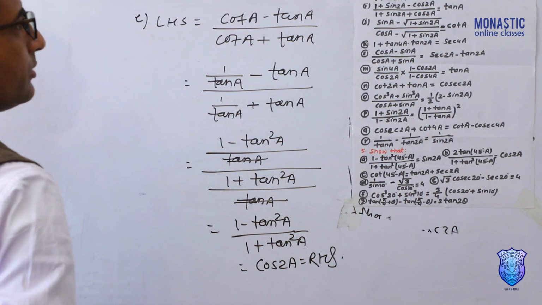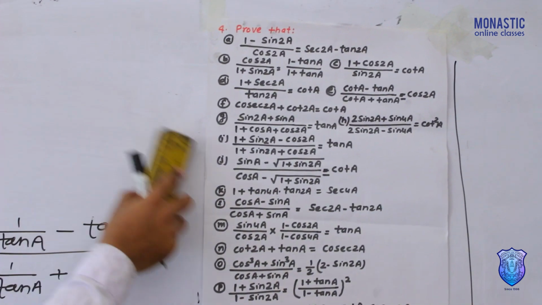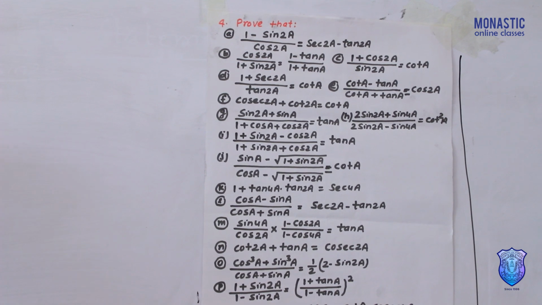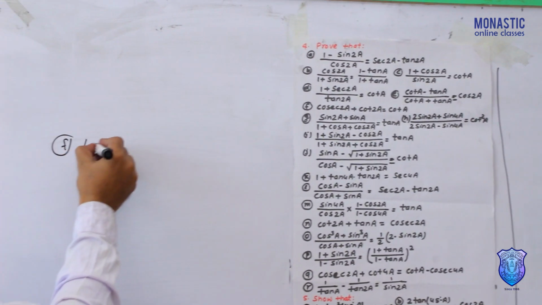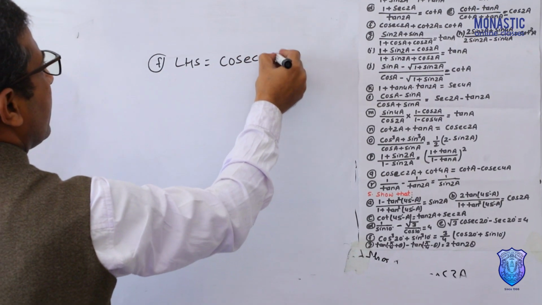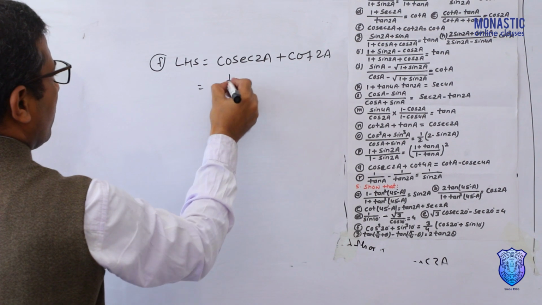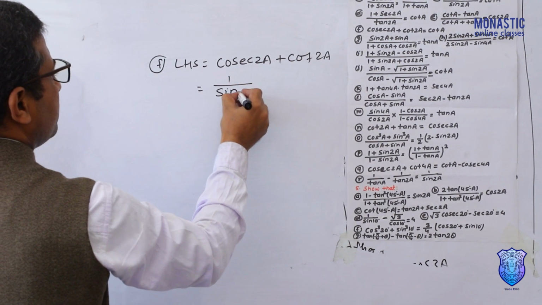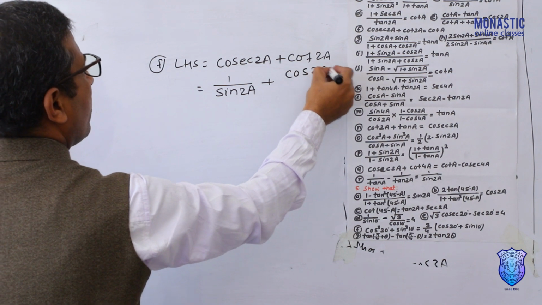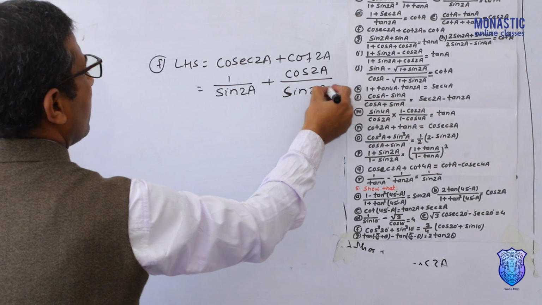Question number F. Same as this. First convert them into sin and cos. Then do the simplification. LHS: cosec 2A plus cot 2A. Convert it into sine. Convert cot into cos and sine.